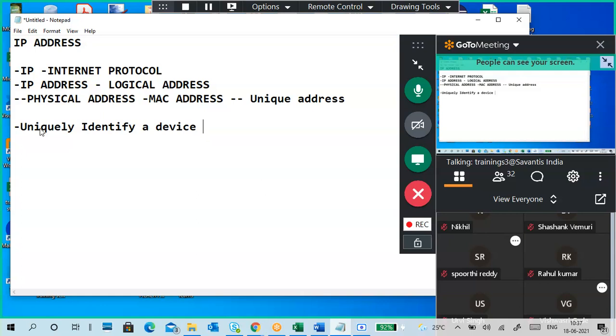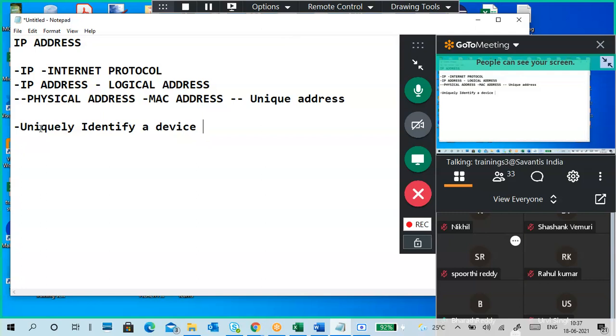Home appliances also came, right? So home appliances with a network. Different devices came into the market. Network printers, Wi-Fi printers are there. That's why we call it a device. It is a common terminology for all devices which can connect to the internet or a network.